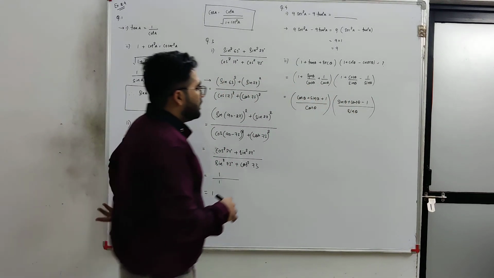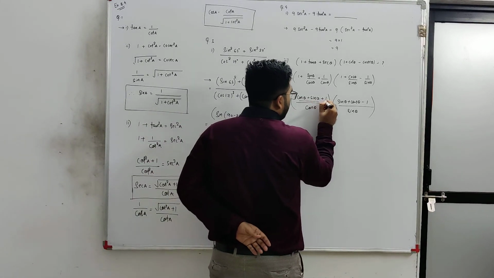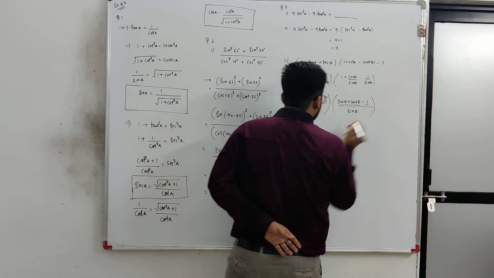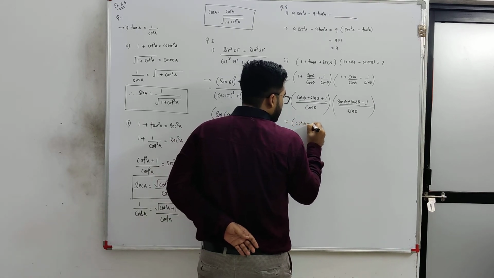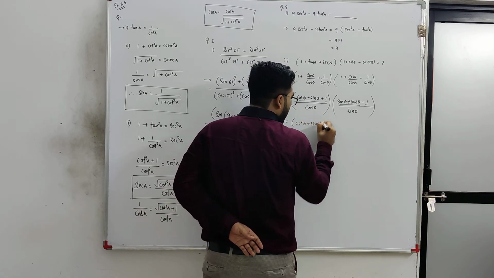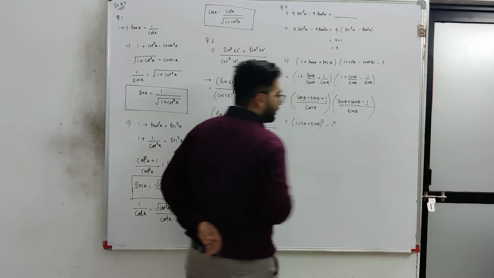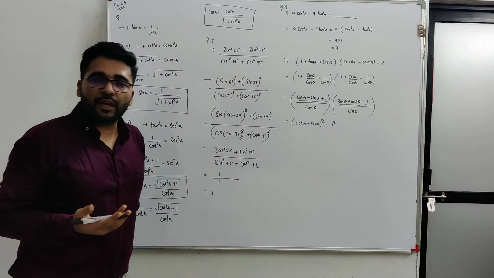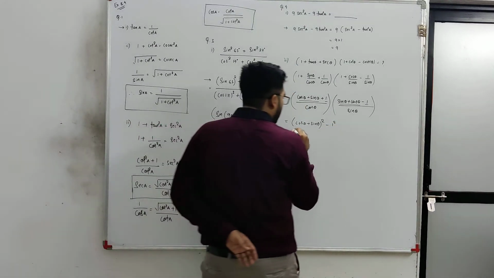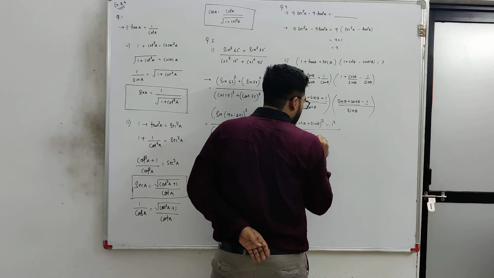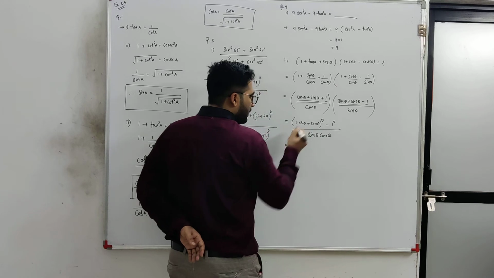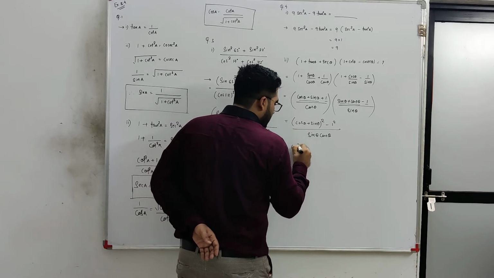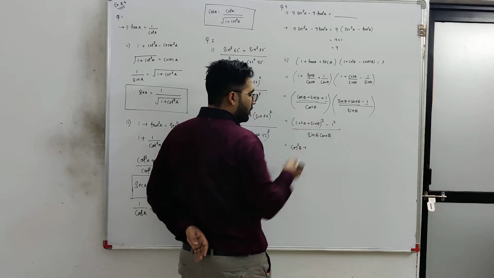So see, this is like the identity a plus b, a minus b. So I can write cos theta plus sine theta whole square minus 1 square, because a plus b times a minus b is a square minus b square, divided by sine theta cos theta. So let me see what happened. Here I am using a plus b whole square.